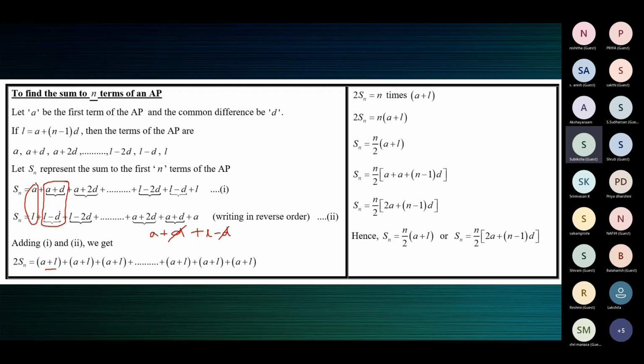So minus D plus D gets cancelled, giving A plus L. Here also A plus L. And last, A plus L. Since L is the nth term, A plus L happens n times.